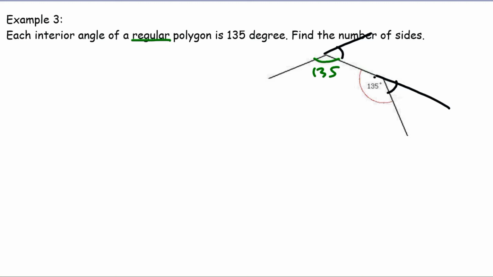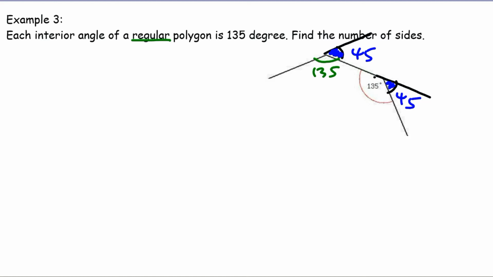Now, of course, you can see that this is a straight line, and we know that angles on a straight line add up to 180, which means that each of these angles here will be 45, and this one also will be 45, because it's a regular polygon. Don't forget that.